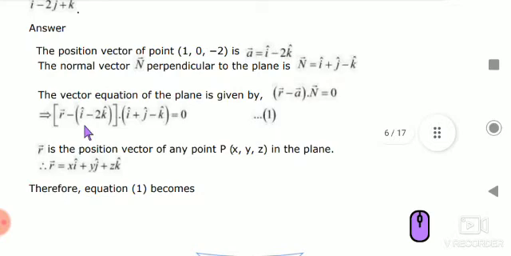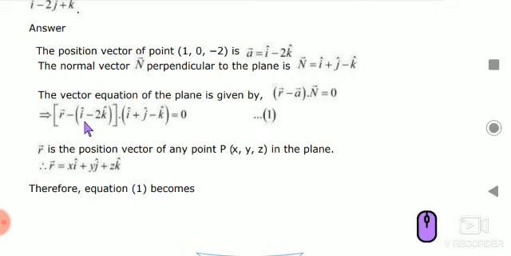Let me begin with the solution of the first example. The position vector of the point 1, 0, minus 2 is given by vector a is equal to i minus 2k. The normal vector n perpendicular to the plane is n is equal to i plus j minus k. As we know, the vector equation of the plane passing through a point and normal to the given vector is given by the formula (vector r minus a) dot n is equal to 0.